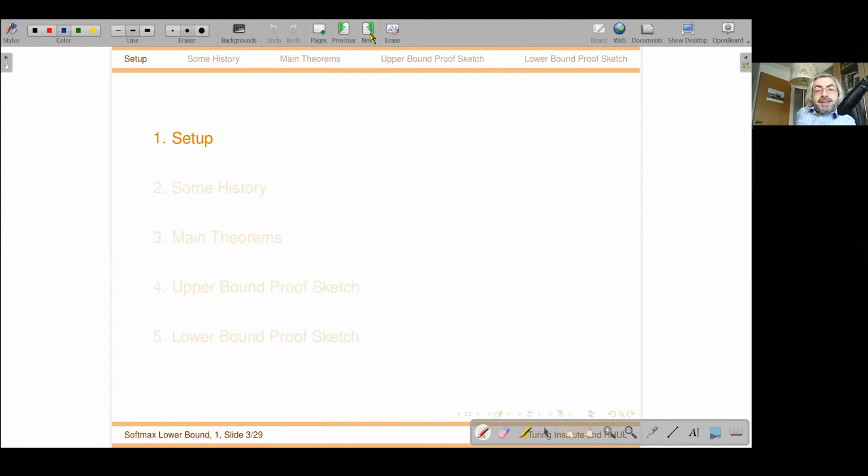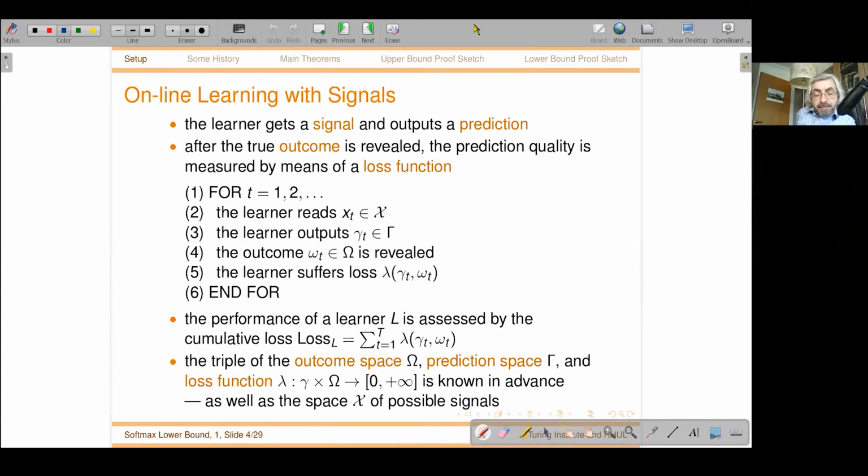So first, the setup. The setup is what I would call online learning with signals. The learner gets a signal, some side information, and outputs a prediction.